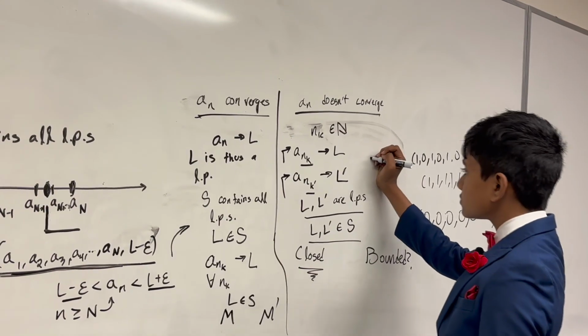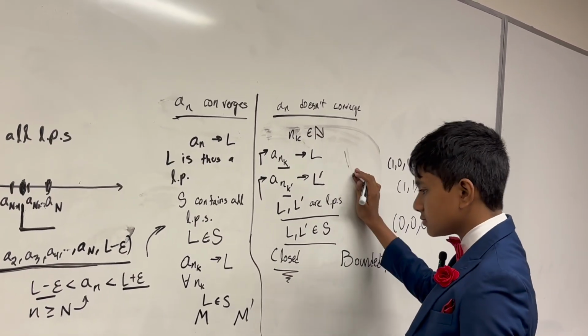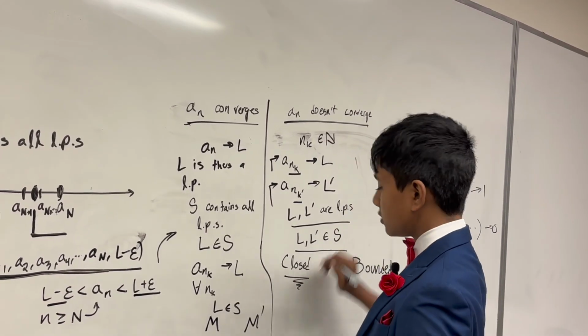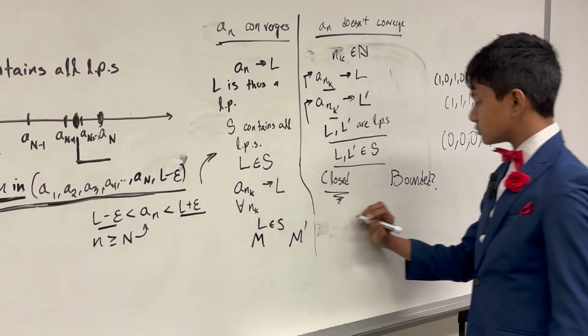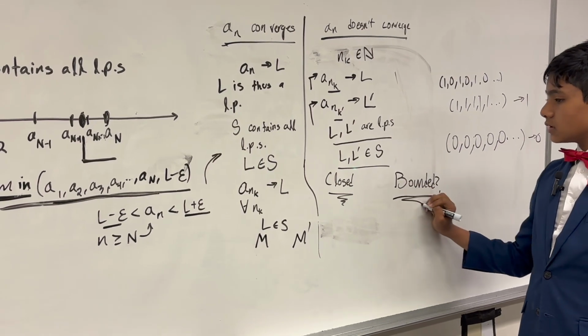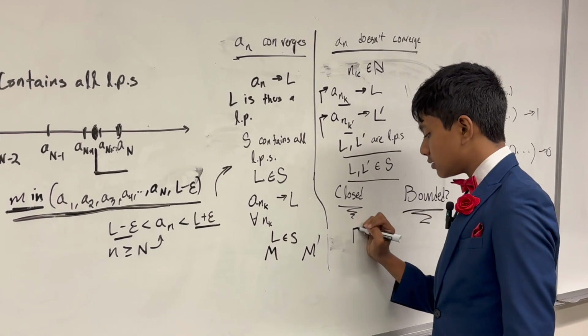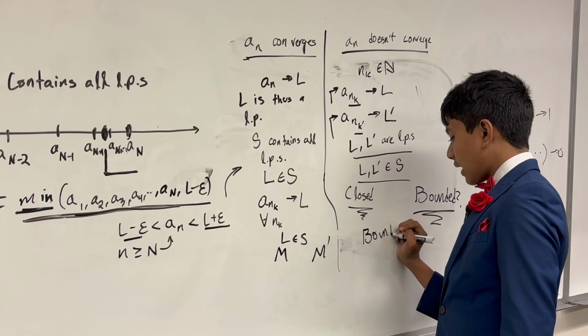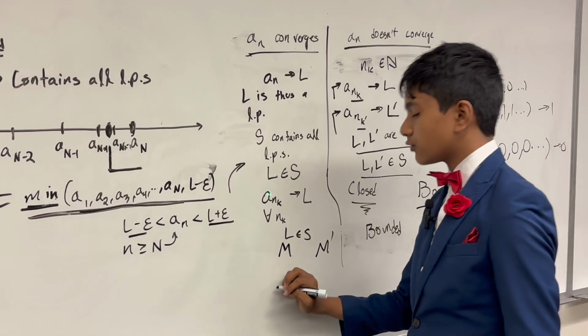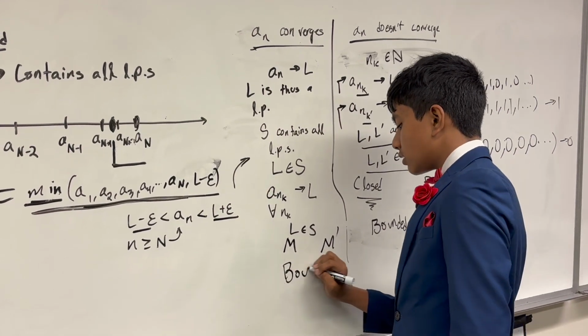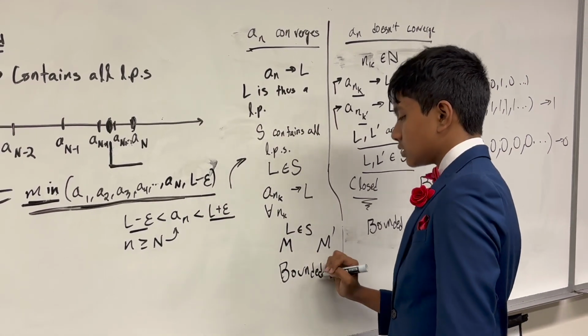So, that means that in this case, we've got something bounded as well. So, certifiable that this half is bounded when a sub n doesn't converge, and this half is bounded when a sub n does converge.